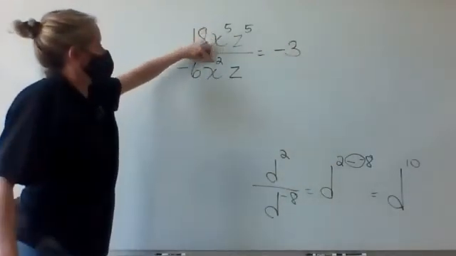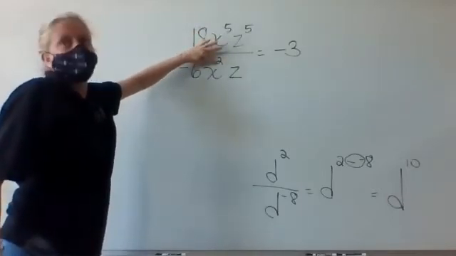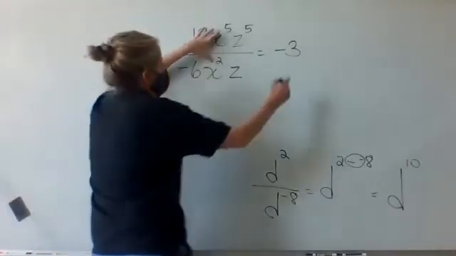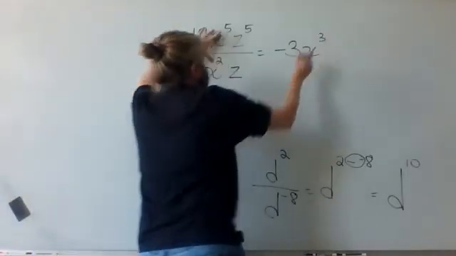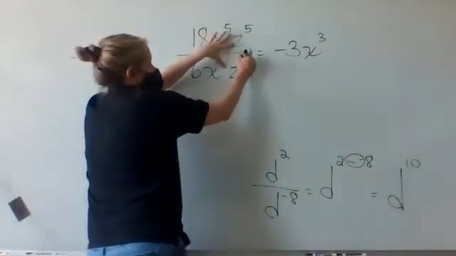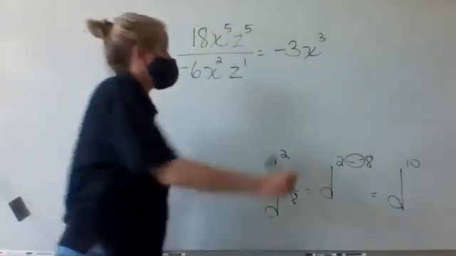What are you going to do with your exponents? X to the 5th over x to the 2nd. Subtract the top exponent minus the bottom exponent. So what's that going to give you? X to the 3rd. Z to the 5th. This one has an exponent 1, right? So if I subtract those exponents, I get z to the 4th.